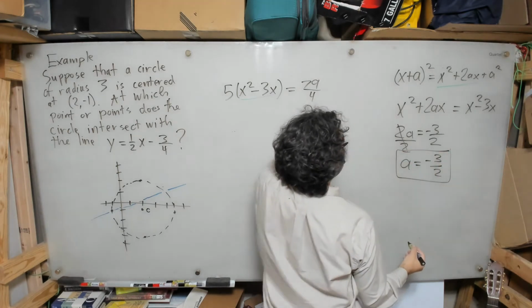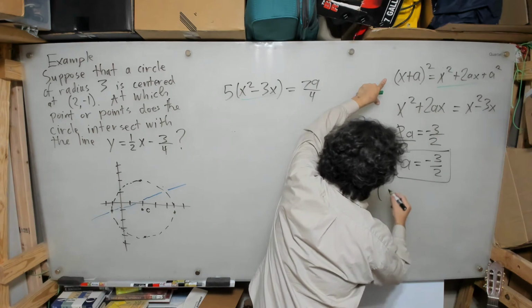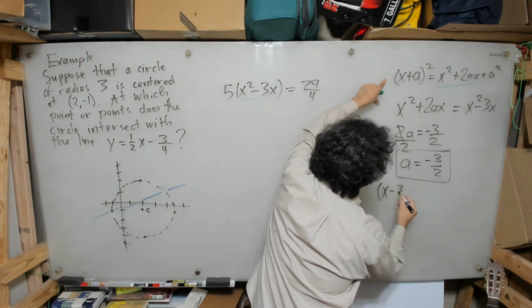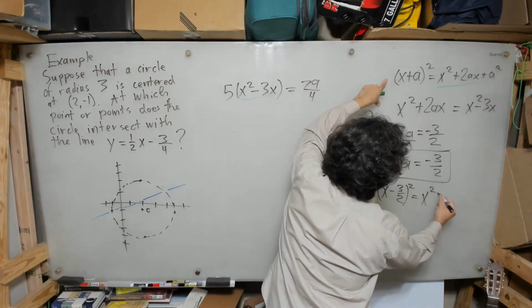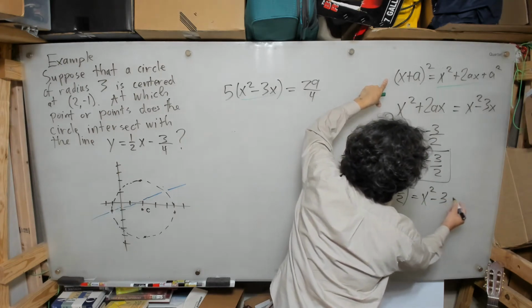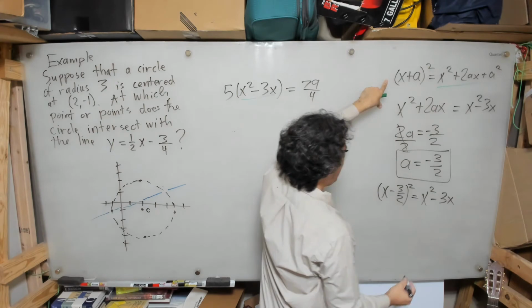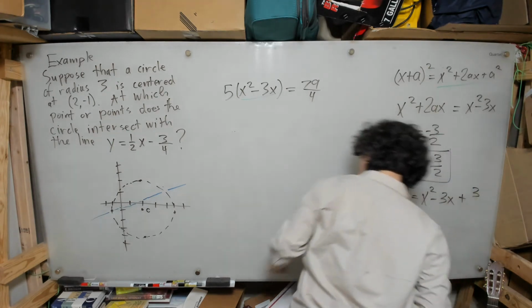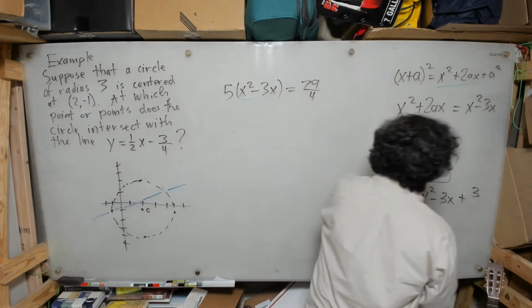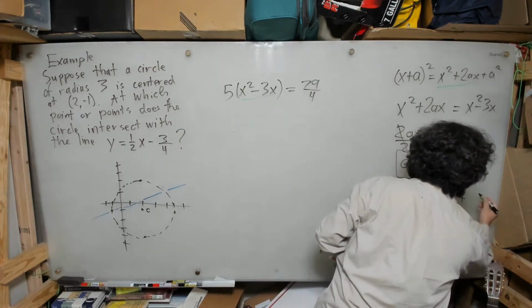And then I can use this formula. I can say that (x minus 3 over 2) squared equals x squared minus 3x, and then plus 9 over 4.